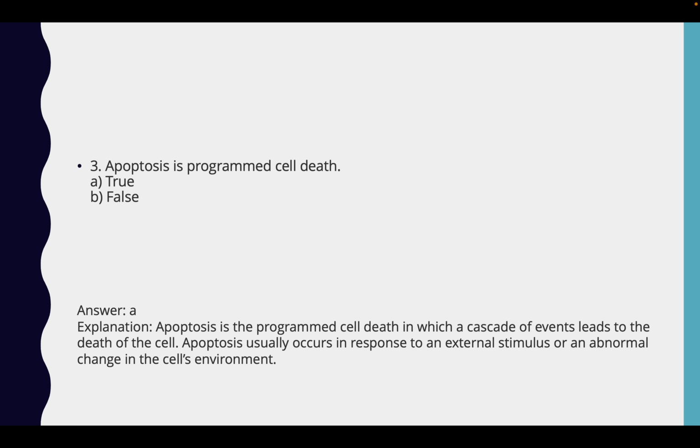It is programmed cell death. In all the questions, we have said that apoptosis is programmed cell death, in which a cascade of events leads to death of the cell. Apoptosis usually occurs in response to an external stimulus or an abnormal change in the cell's environment, on the basis of which we say that it is extrinsic and these are intrinsic apoptotic pathway.